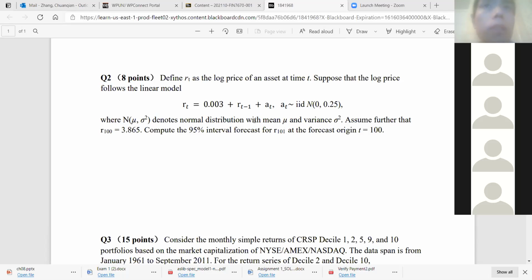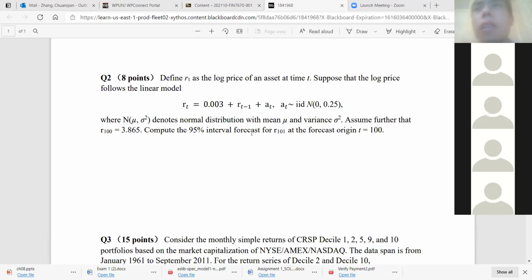Okay, and we know that when t equals 100, it equals these numbers. The 95% interval forecast for 101, at the forecast origin t equals 100. That means we're basically standing at time t equals 100 and making a forecast of 101, right?